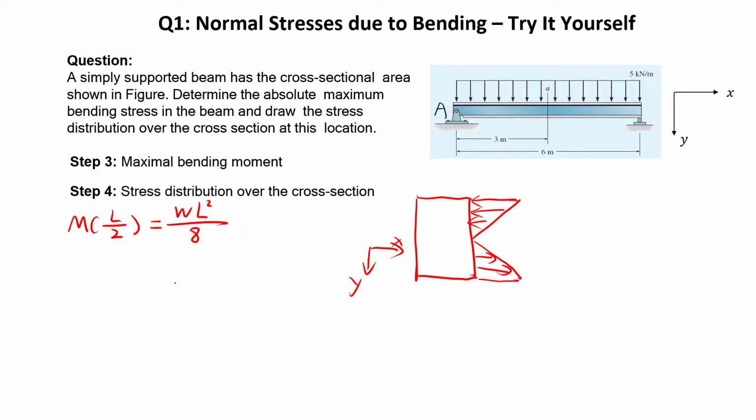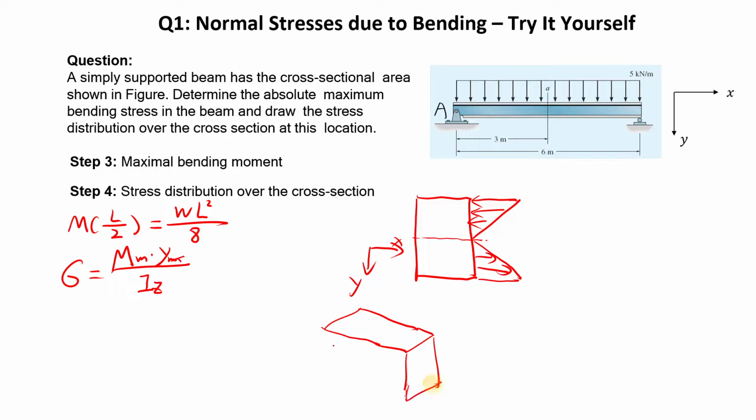So to calculate the maximum bending stress, we can simply use M maximum times y maximum over Iz. In this case, Ix. Our neutral axis is this way, but it should be Iz because essentially it's a 3D problem, where you can visualize the beam in 3D.